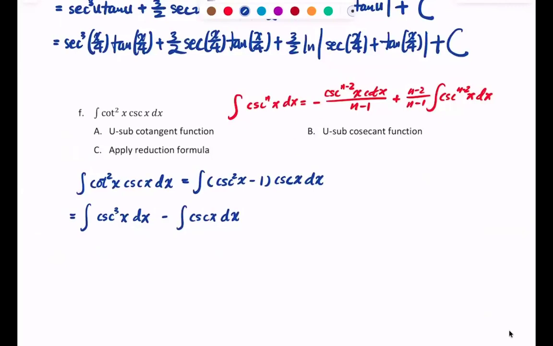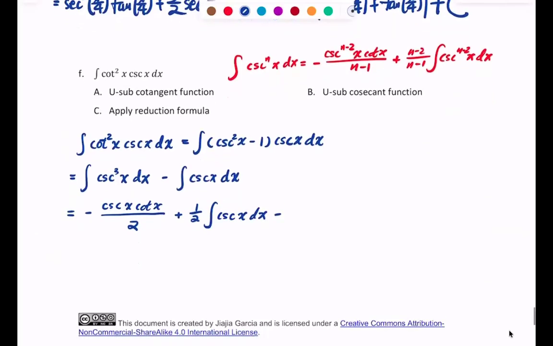So this time n is 3. So it's negative cosecant x cotangent x over 2, because n is 3, plus 1 over 2 integral of cosecant x dx. And we have another cosecant x dx.